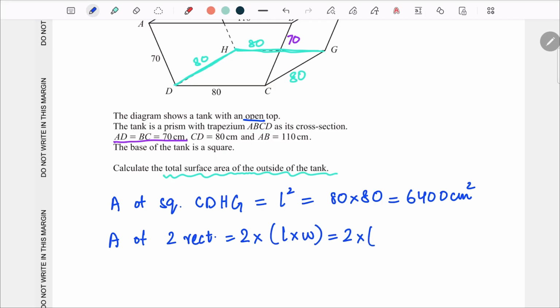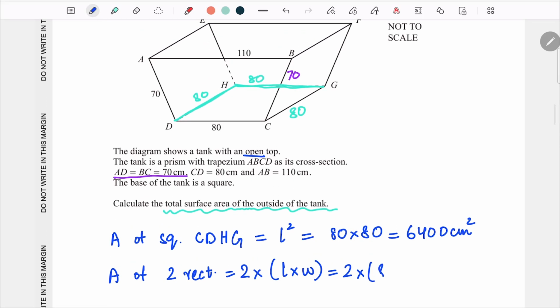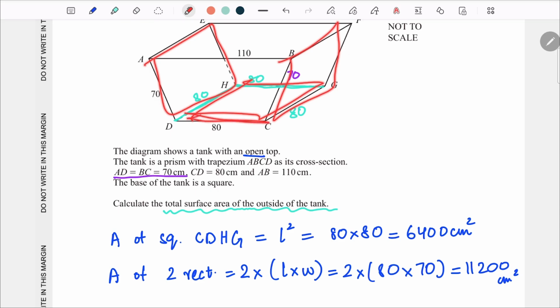So 2 times length 80 and width 70, and this is equal to 11,200 centimeter squared. So now we have the area of 3 faces.